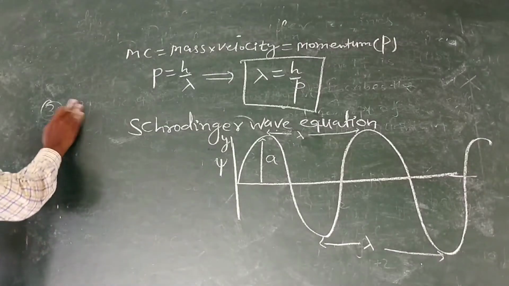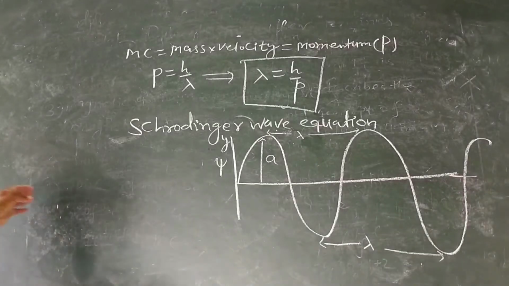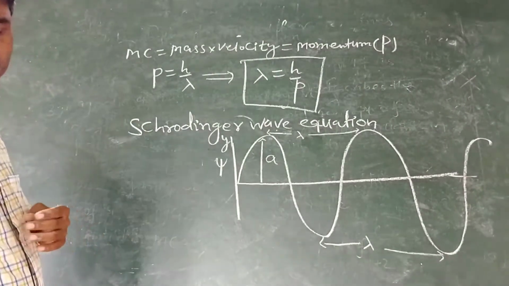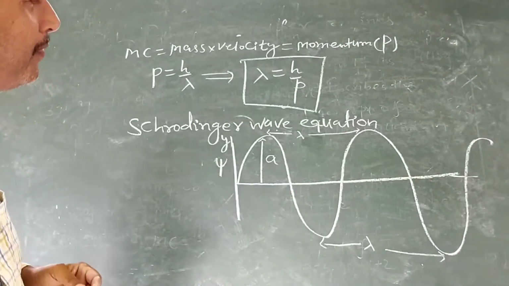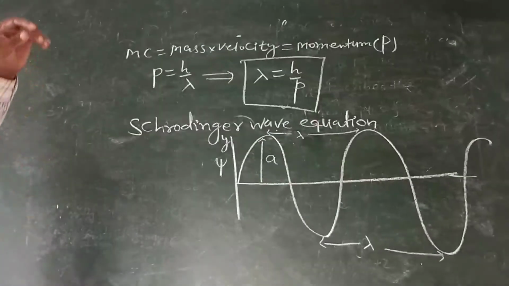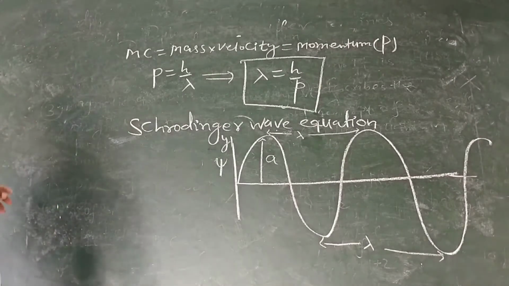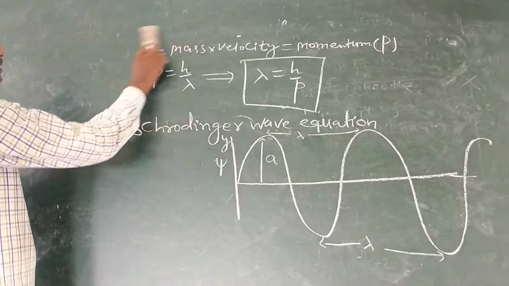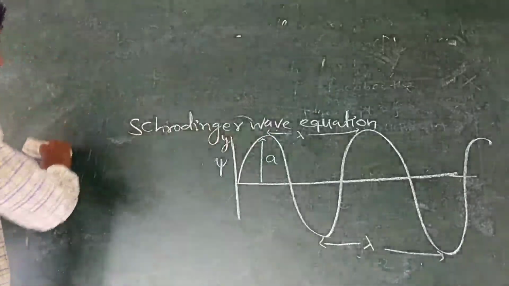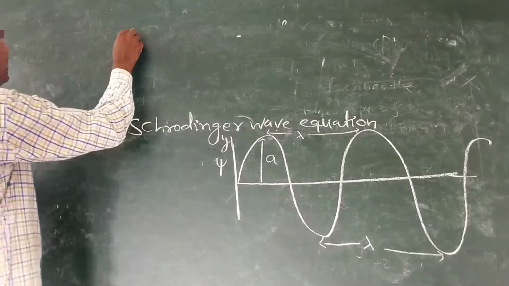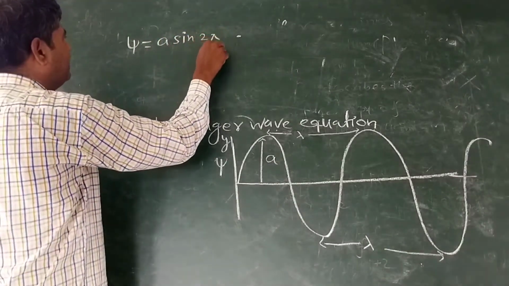When any wave travels in the medium, particles of the medium exhibit simple harmonic motion in which acceleration is always proportional to the displacement but in the opposite direction. So on the basis of simple harmonic motion, the equation may be given as psi is equal to a sine 2 pi by lambda into x.